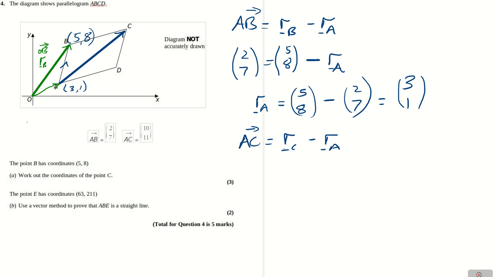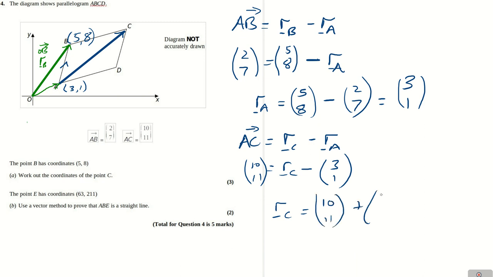Okay, now we're trying to find the position vector of C, so r_C is what we're trying to find, but we know the position vector of A is (3, 1), and we know that AC, it tells us, is (10, 11). So we can say that the position vector of C is going to be (10, 11) plus (3, 1), which is (13, 12).